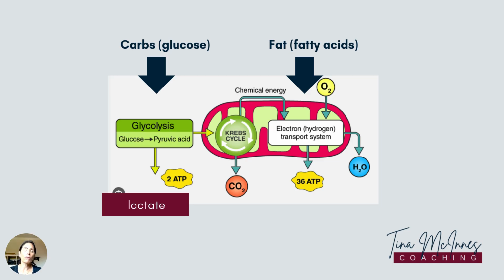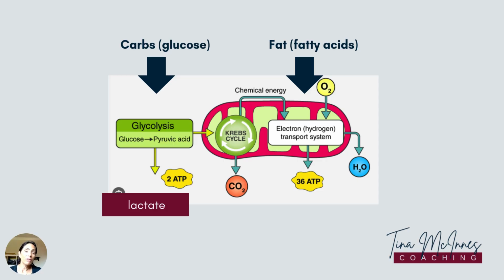Carbs, on the other hand, have to go through this outside of the mitochondrion pre-step. And that pre-step, in the presence of optimal amounts of oxygen, simply flows into this process. So there's just step 1 outside the mitochondrion and then step 2 inside the mitochondrion. So it is also an energy production system that can be efficient and relies on the presence of oxygen.